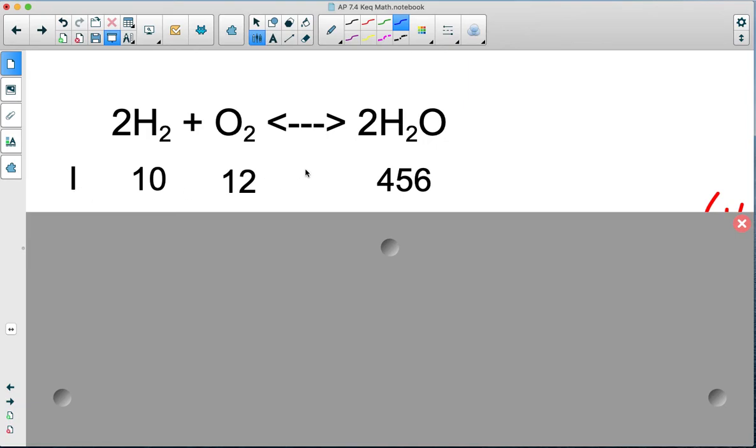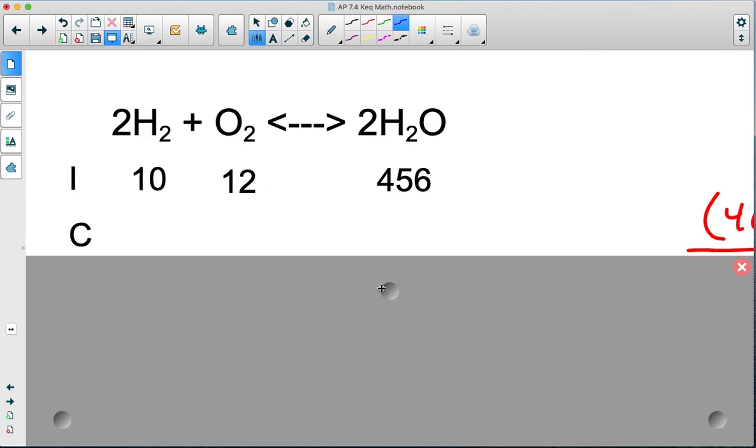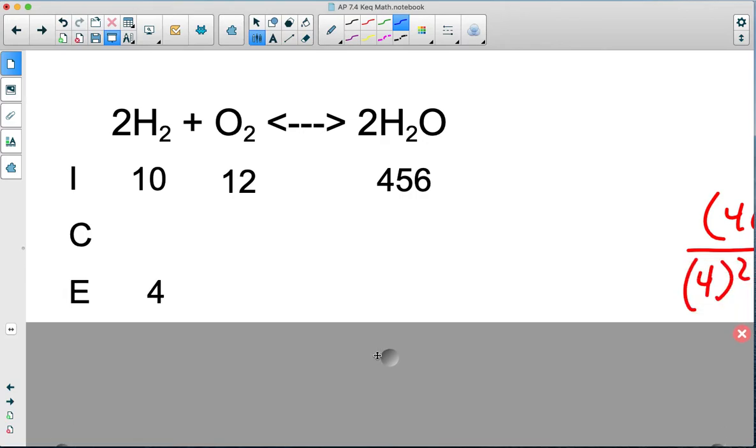We got 2 coefficients. We're going to have some squarage happening here. Initial conditions, no change. There's what it is at equilibrium. I'm going to give you some time to think about this, and I will come back once you've worked on this problem.